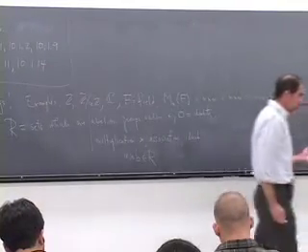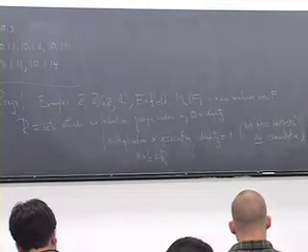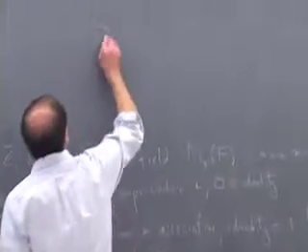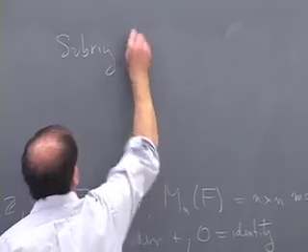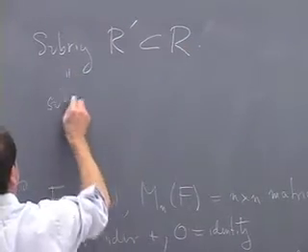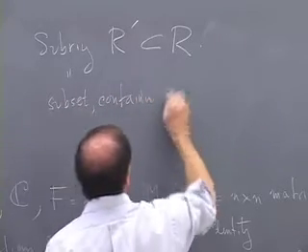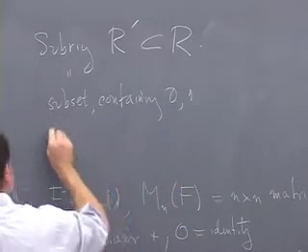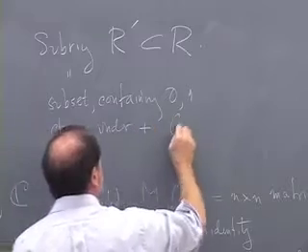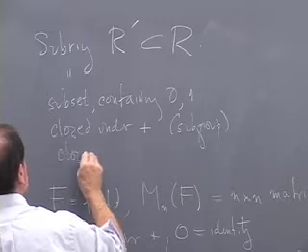So we've seen examples of them, and now we want to try to develop some general theory of them, analogous to the way we did for groups. So you could imagine what a subring of a ring is. It would be a subset containing the key elements 0 and 1, closed under addition, and it should form a subgroup, and it should be closed under multiplication.